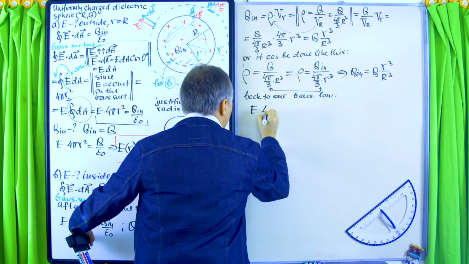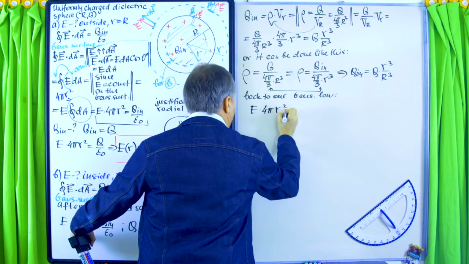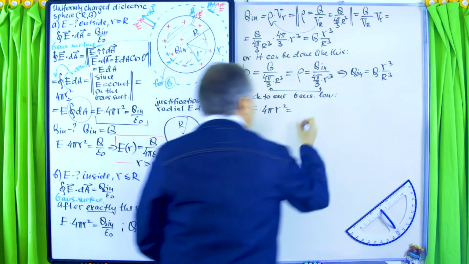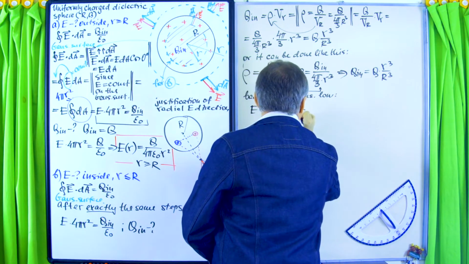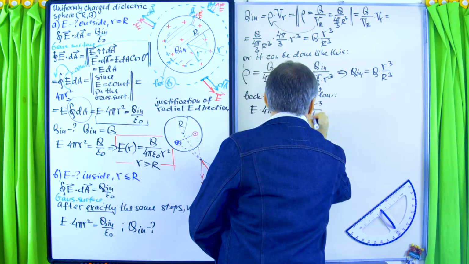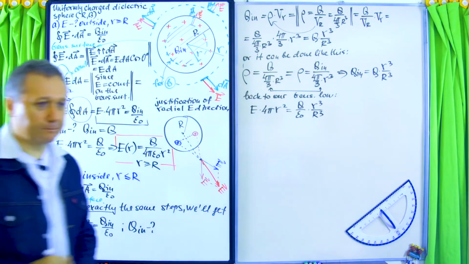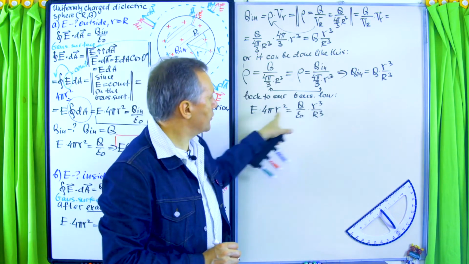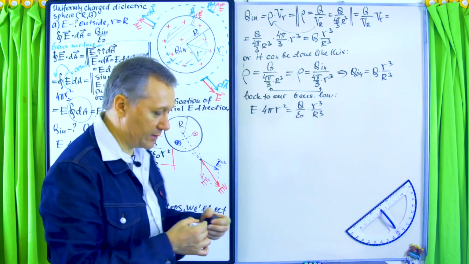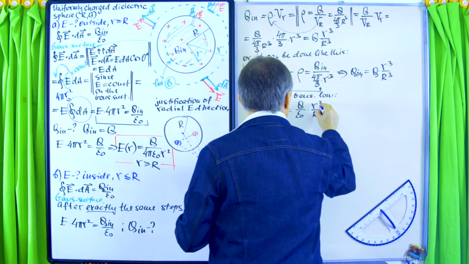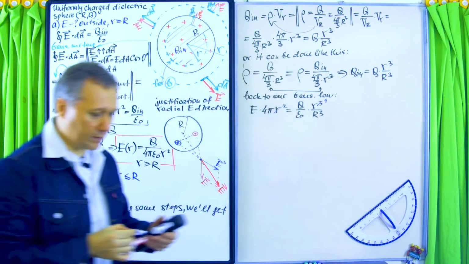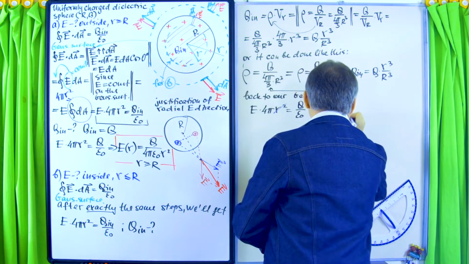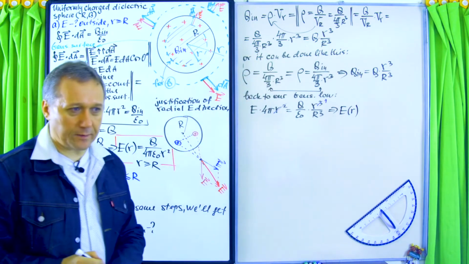E times 4 pi r squared equals Q over epsilon naught and the ratio of these cubes. The r squared over here and r squared over there can be cancelled, so this r goes over here, we'll get just one r. Now we just need to solve for E, and I will write E as a function of r.